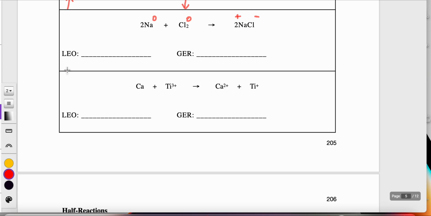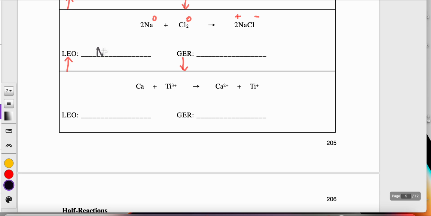LEO means lose electrons, lose negative charge, so we see an increase in the oxidation state. GER, gain electrons, reduction, gaining negative charge, so we see a decrease in the oxidation state. Na starts off with a 0 and it becomes a +1. So 0 to +1 means we're climbing up the ladder.